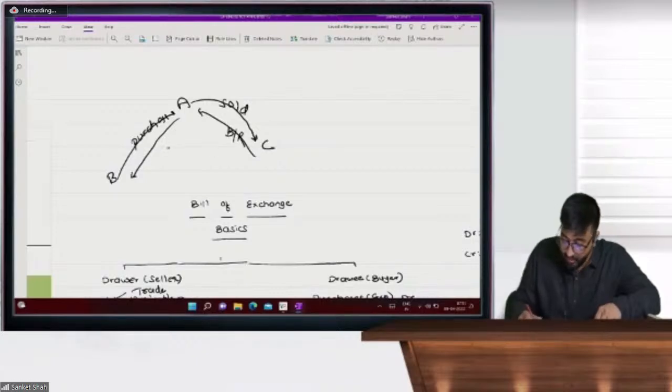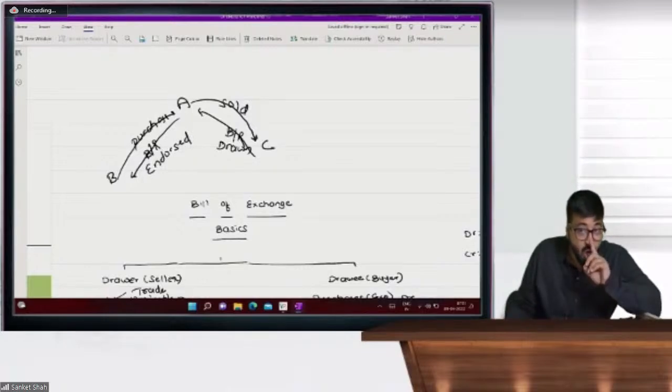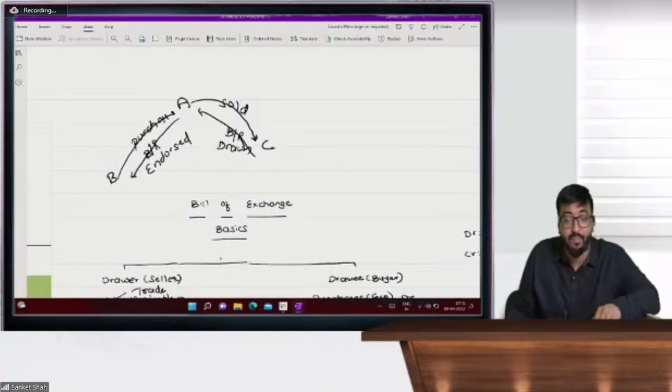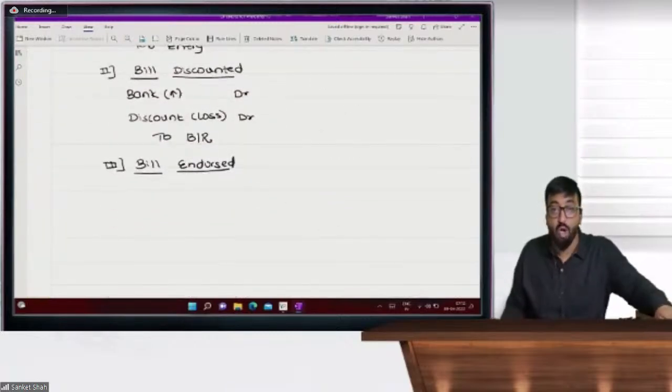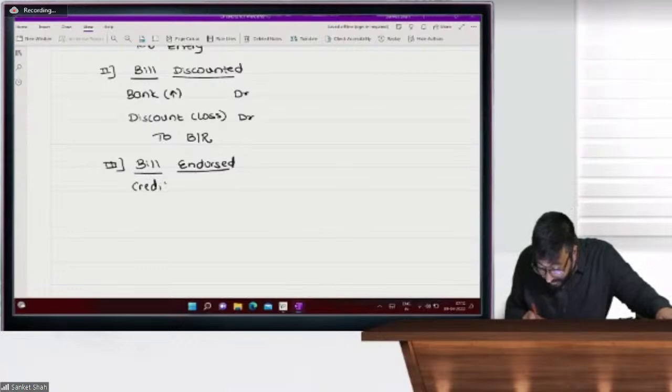So this bills receivable drawn is endorsed by A to Mr. B. Endorse means you have sent the bills receivable. So bill endorse means creditors, or to whom the amount is payable, will be debited, trade payable, to bills receivable.